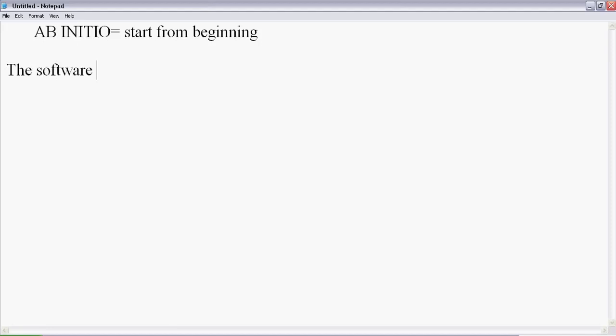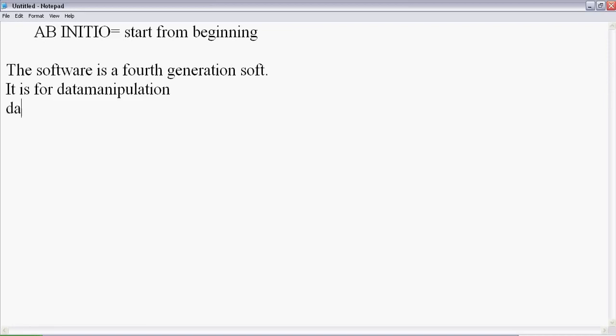The software is a fourth generation software, so it is for data manipulation, data analysis, and data batch processing.